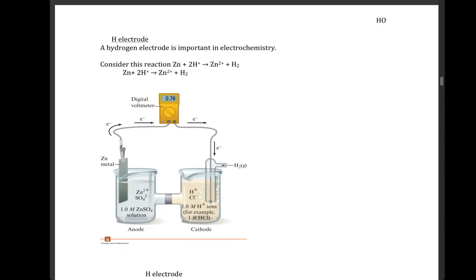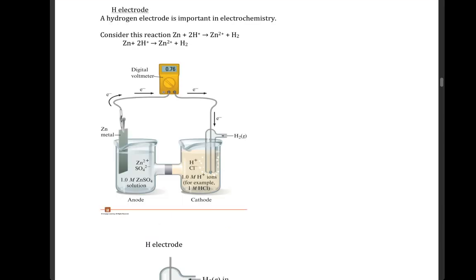Now we'll get into what we call the hydrogen electrode. It's very important in electrochemistry, as we'll see as we go on. So let's look at this reaction: zinc plus 2 H+ yielding Zn2+ plus H2. That's a spontaneous reaction. If we set it up, we might set it up as the cell diagram here shows.